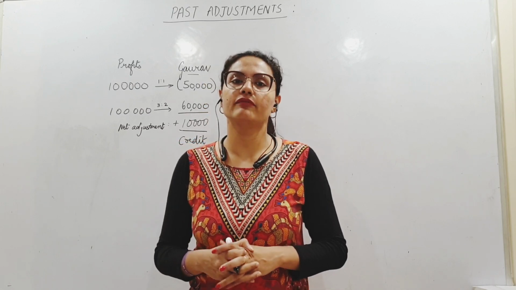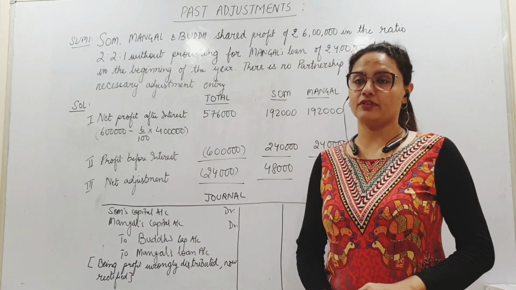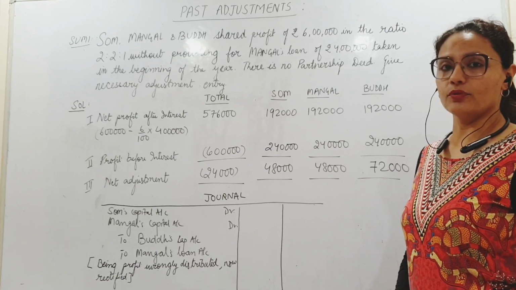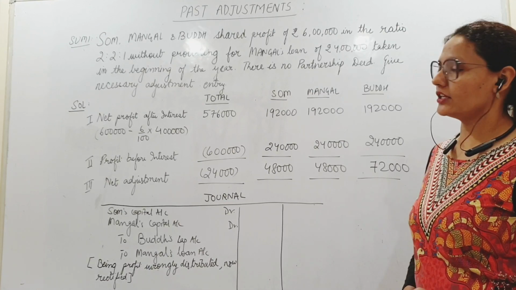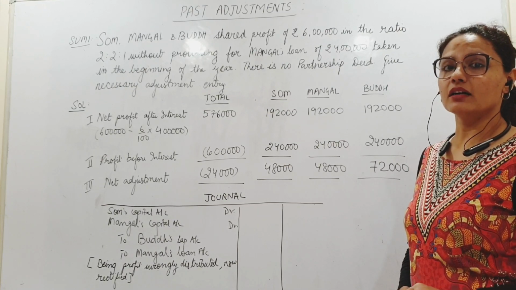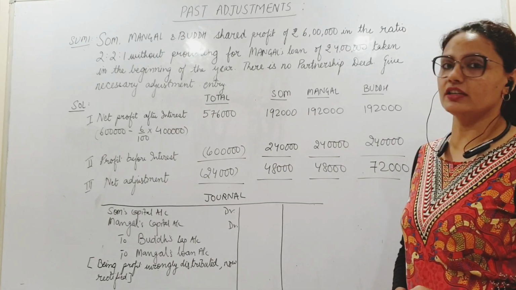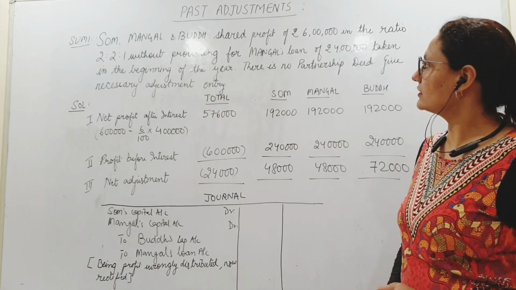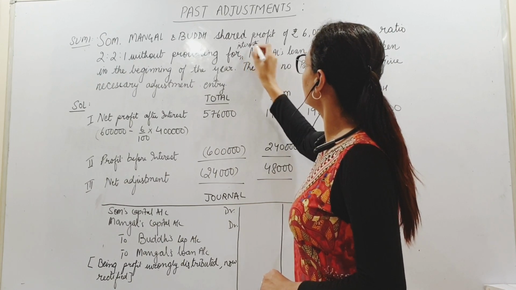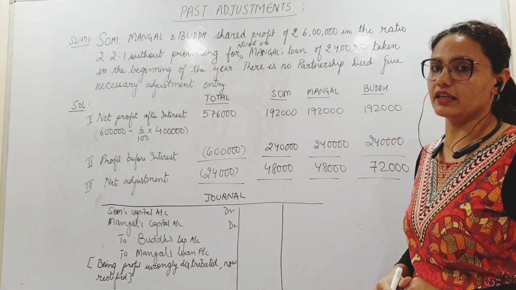Okay, so now we will take a few sums so that the concept is more clear. So here is the sum. The first sum reads as: Mangal and Budh shared profits of 6 lakhs in the ratio of 2:2:1 without providing for interest on Mangal's loan of 4 lakhs taken in the beginning of the year.